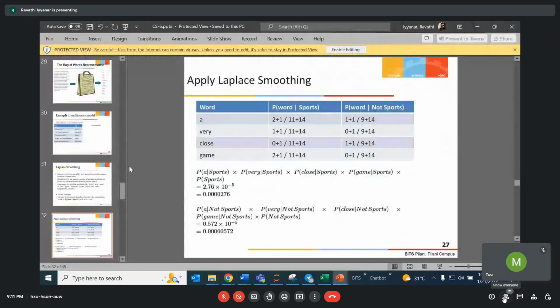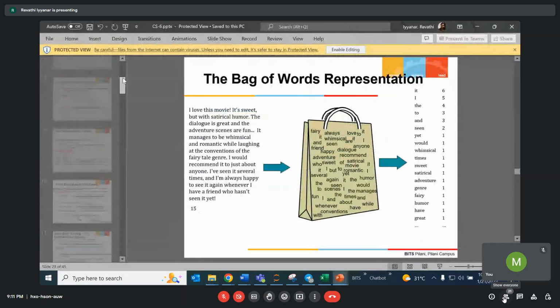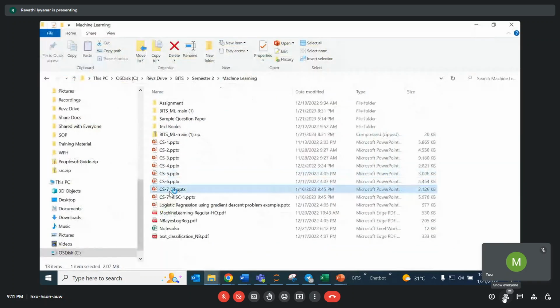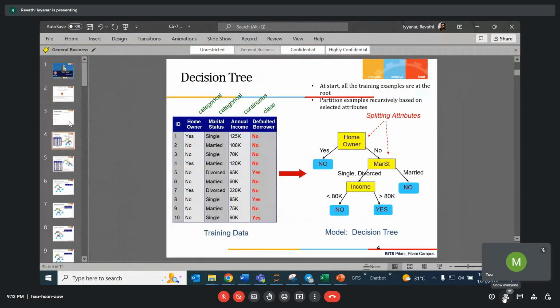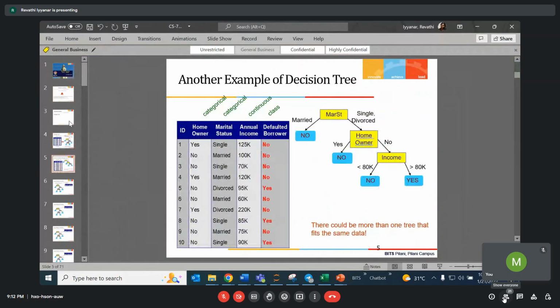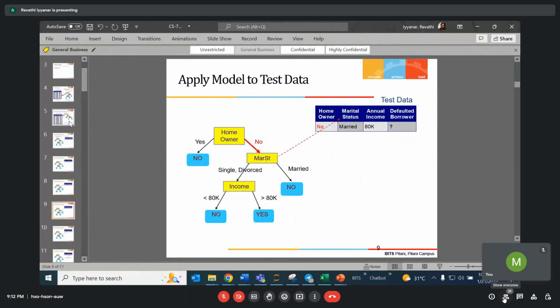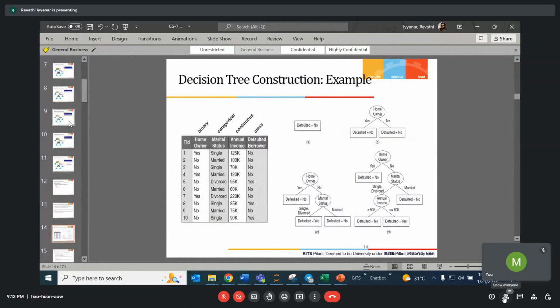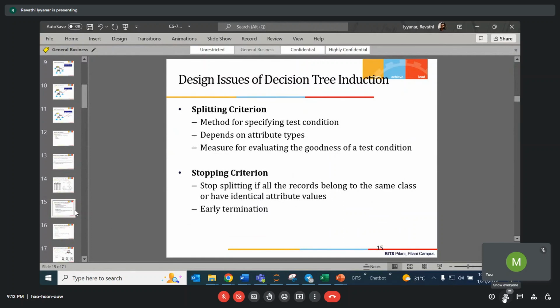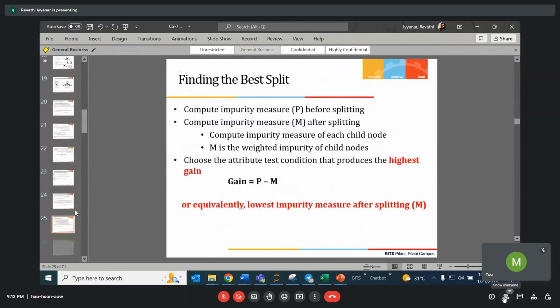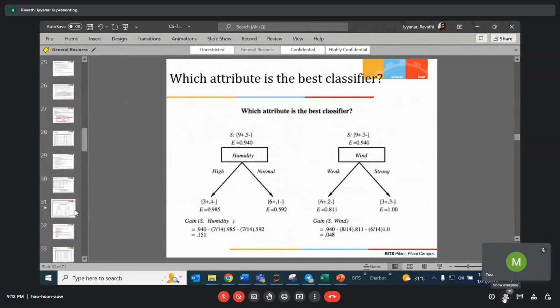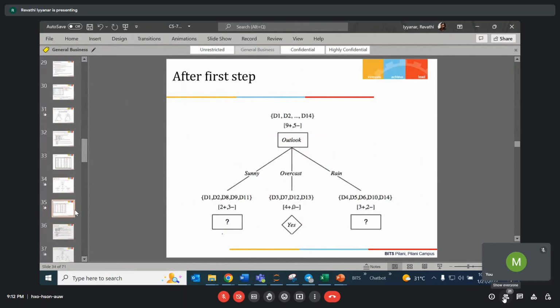Decision tree might be the seventh or eighth.